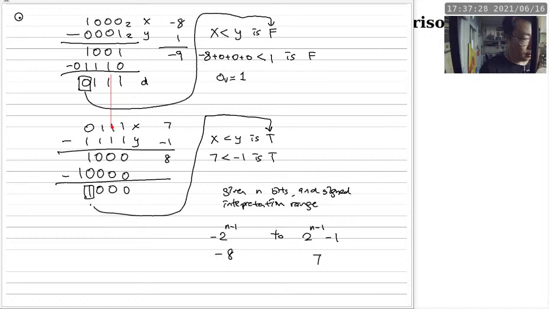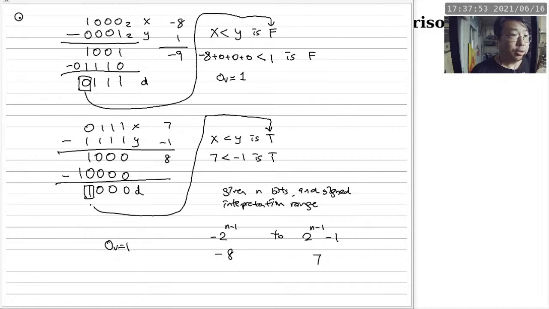I just want to make sure that my hovering over the tablet is detected. There we go. In this case, x n minus 1 is a 0, y n minus 1 is a 1, and d n minus 1 is a 1. So this one also has an overflow of 1.